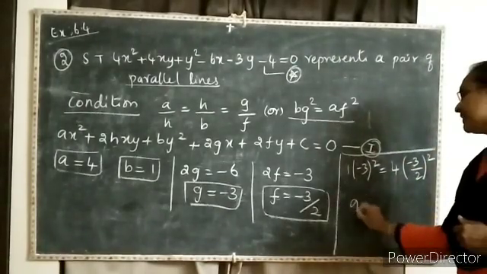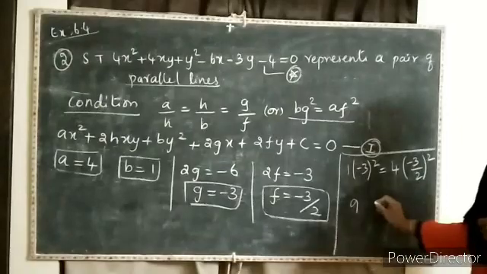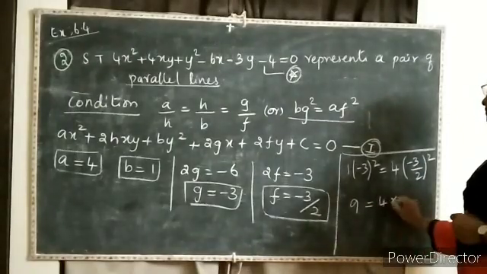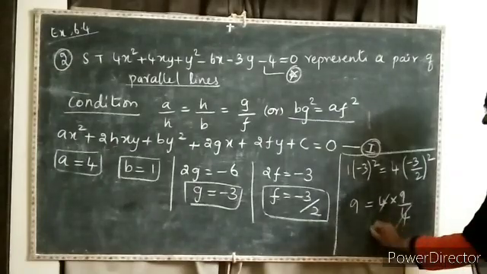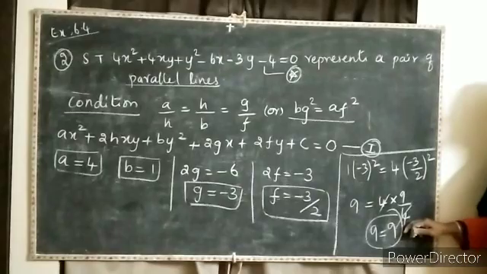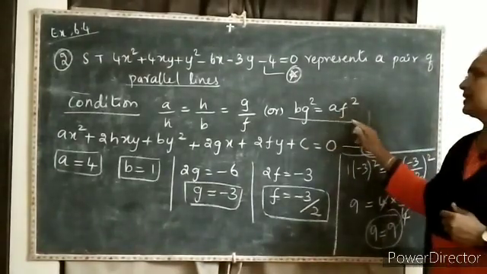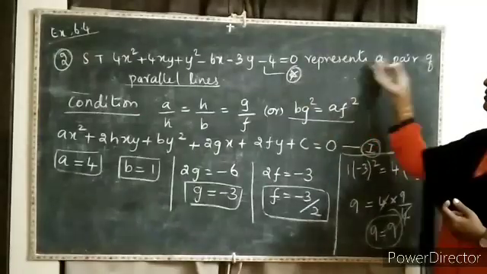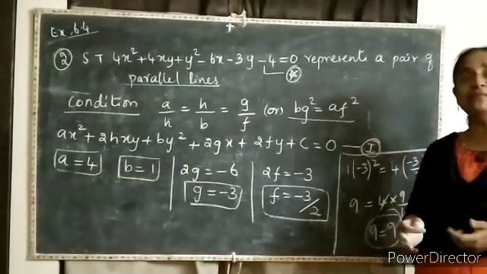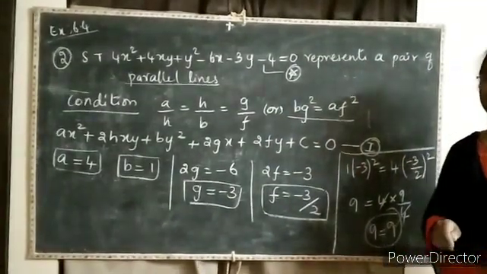So this becomes minus 3 the whole squared is equal to 9, equal to 4 into 9 by 4. Now 4 and 4 get cancelled. I get 9 is equal to 9. Yes or no? So this condition b g squared is equal to a f squared is satisfied. So I can conclude the given pair of straight lines represents a pair of parallel lines.